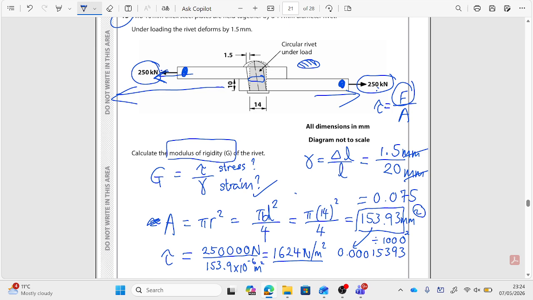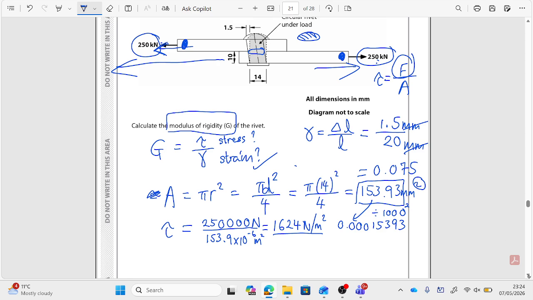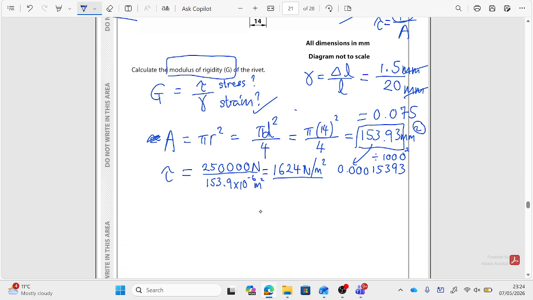But tau is also measured in Pascal because it's stress, so it's pressure. Sorry, I got this bit wrong.